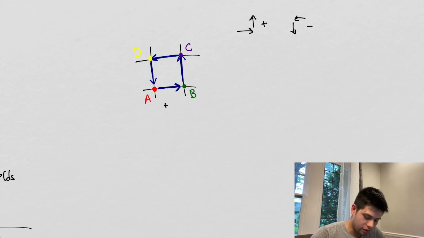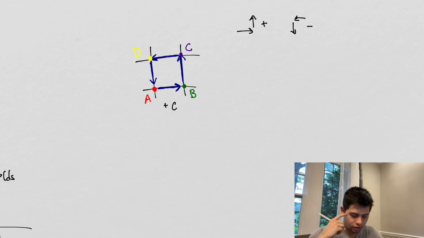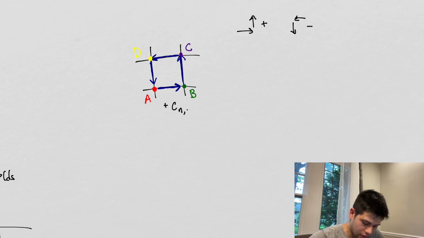So when we go in this direction from A to B, we want to add some potential change in our coordinate system, right? And that change in our coordinate system is going to be something that looks like this, C_x. So this is a change in our x component, and I should put A here actually. So this is a change in our x component at A.